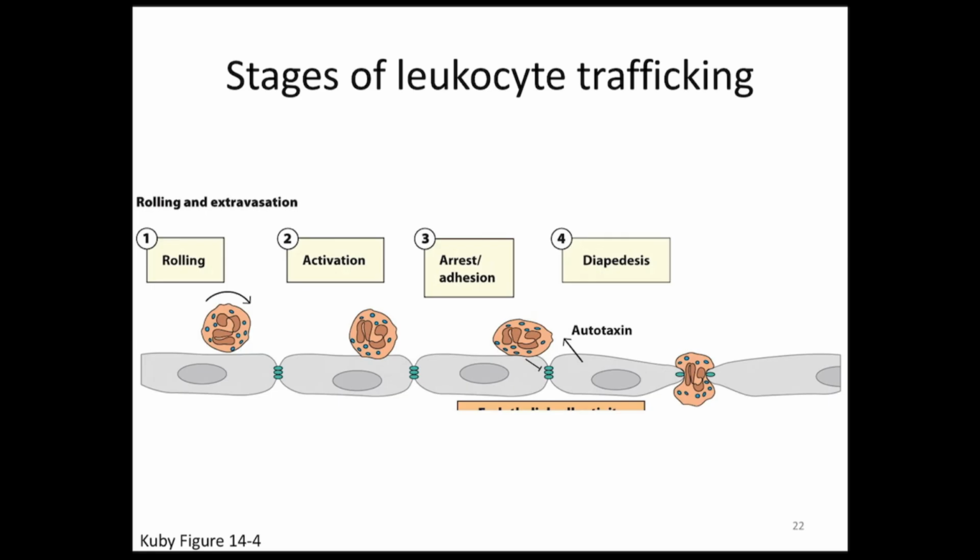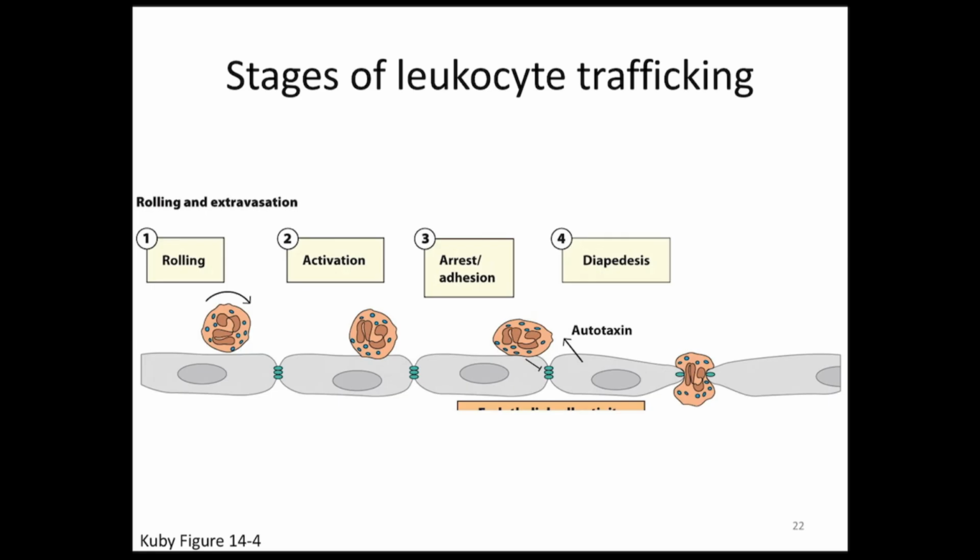Now at this step, we're going to see stopping. If you had to guess about the interaction that we're going to see with stopping, what would you guess is going to be a key feature about that interaction? Yep, Lucas. It's going to be high affinity.